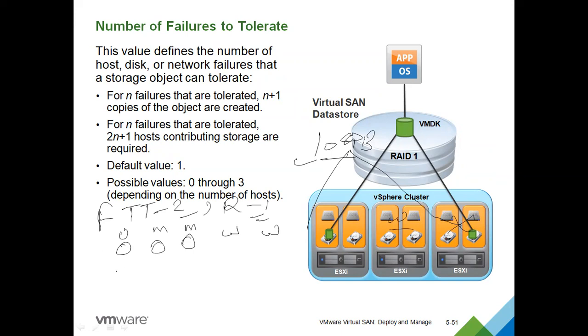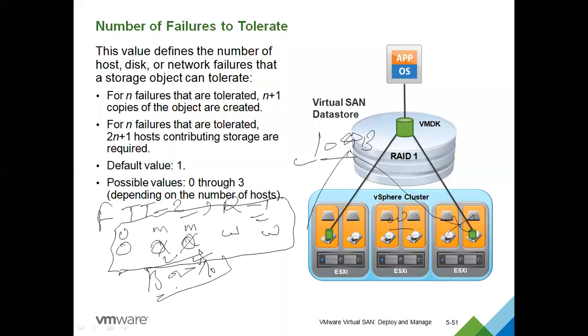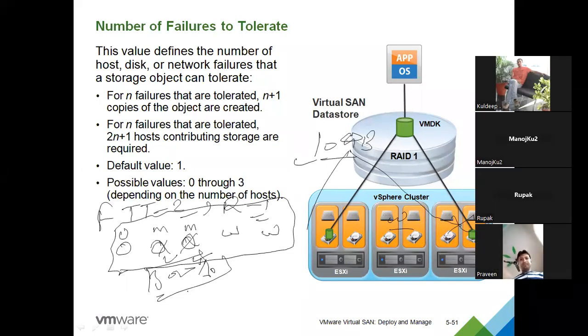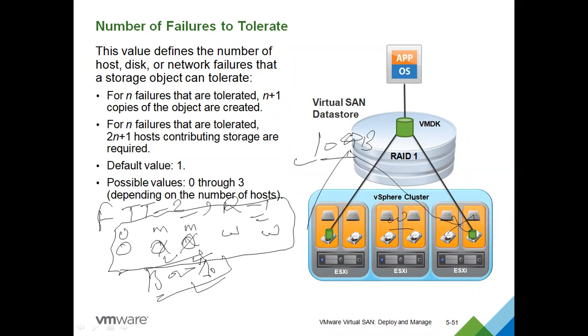So in this case, we need at least 5 hosts. Somewhere I am getting more redundancy as compared to FTT1 RAID 1 because we can manage 2 failures at a single time, but definitely it's going to reduce my capacity because it's going to take 300% of the total storage that we are going to consume. Correct?